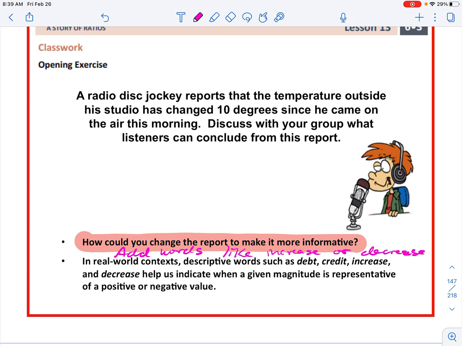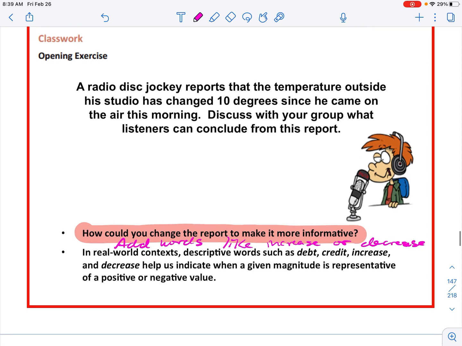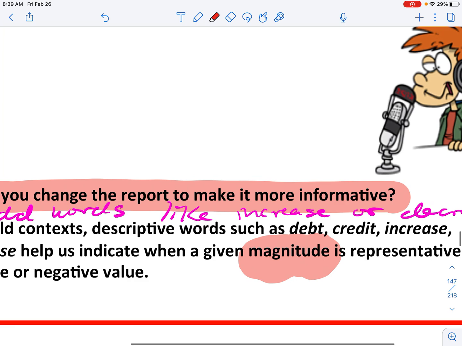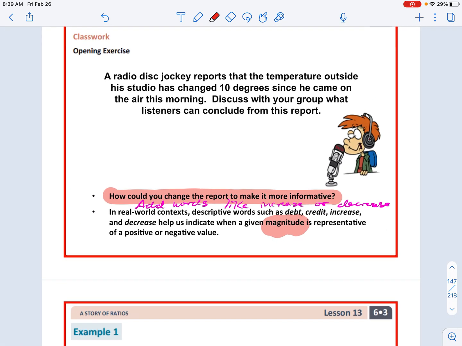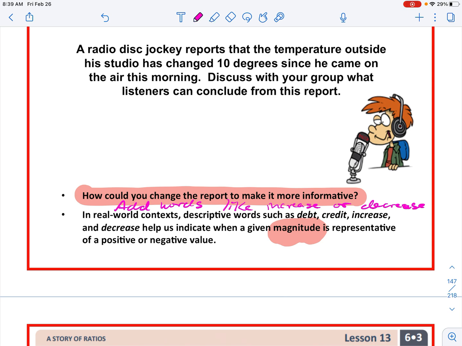And in real world contexts, descriptive words such as debit, credit, increase, and decrease help us indicate when a given magnitude is representative of a positive or negative value. Okay, and remember the word magnitude means absolute value. Anytime you see the word magnitude, it's talking about absolute value.